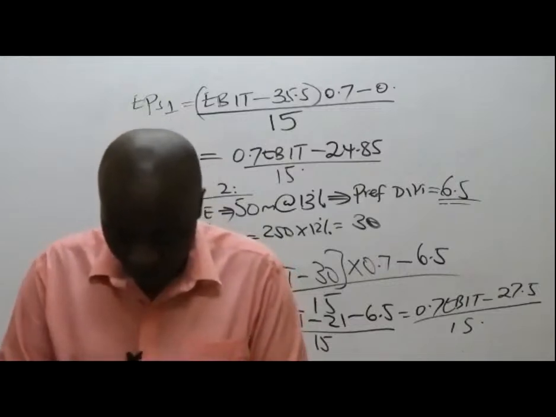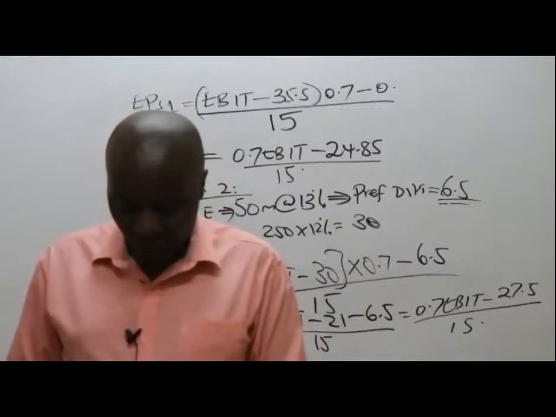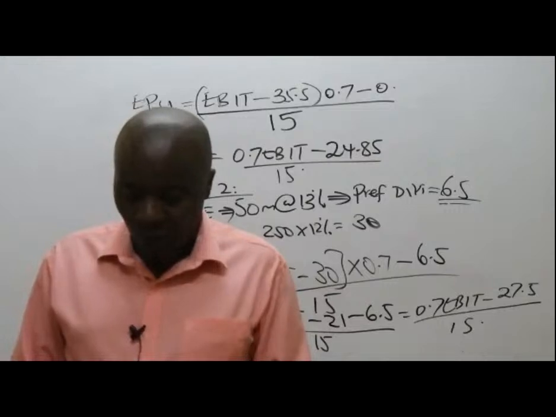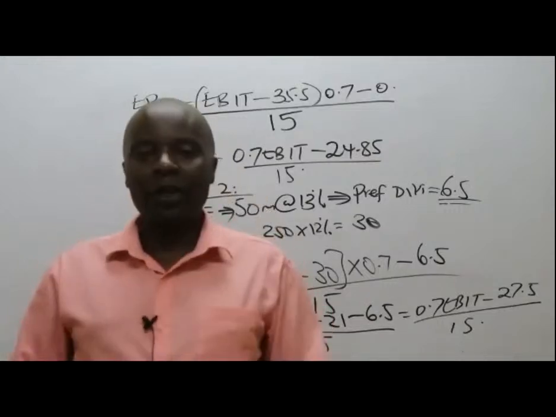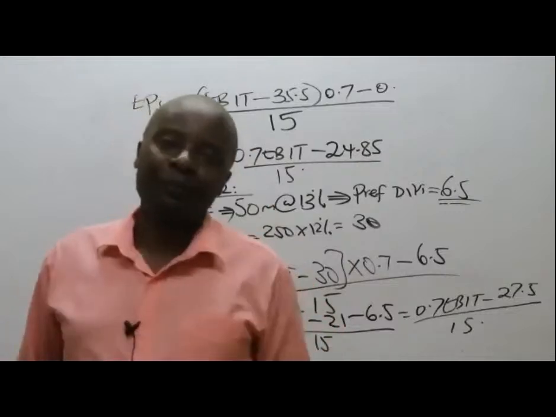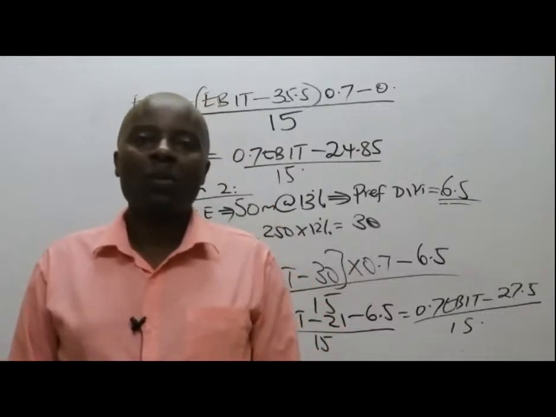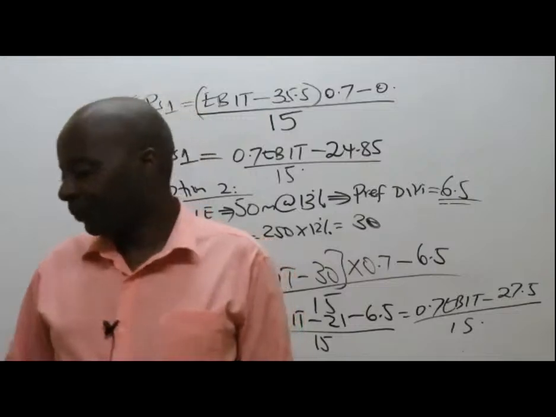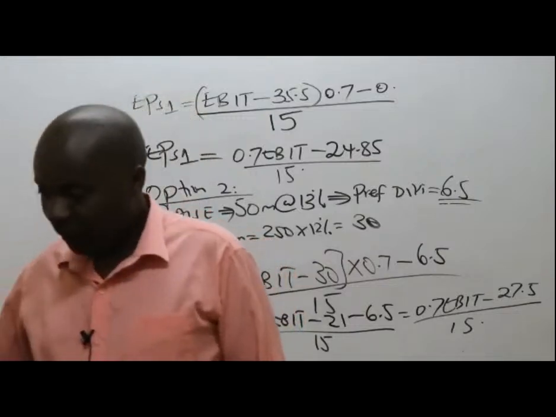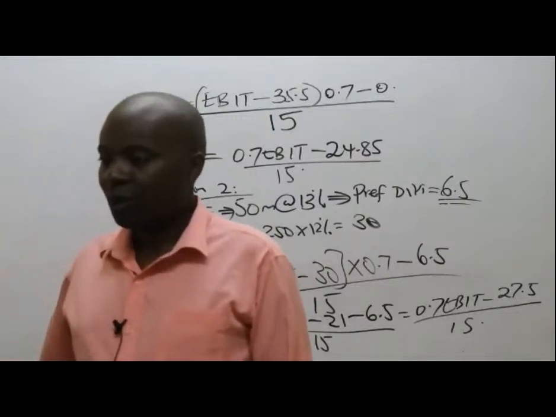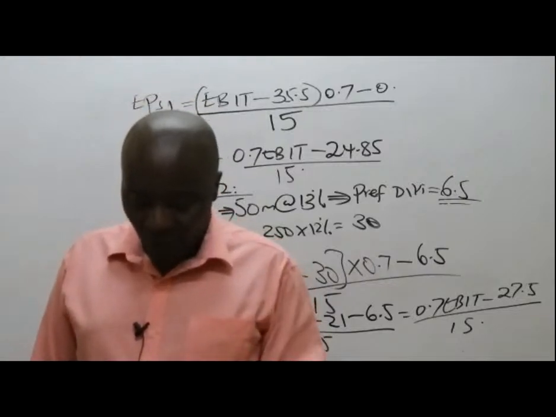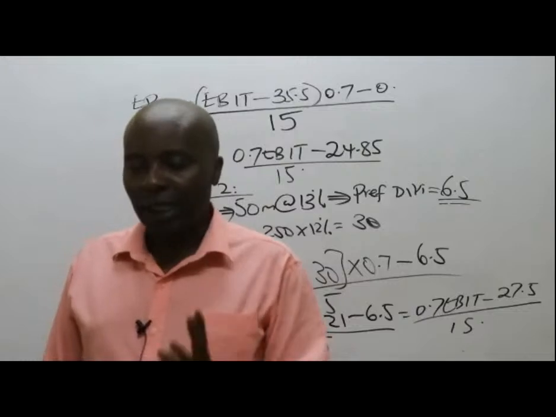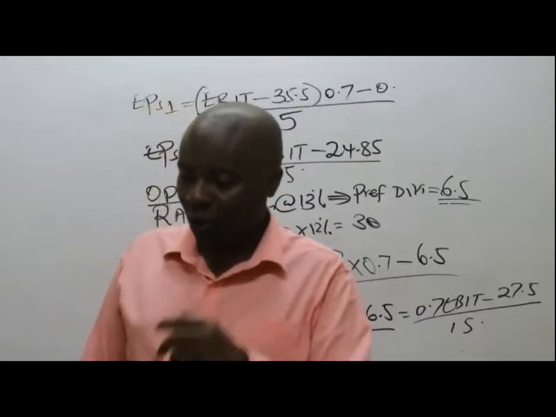So we are told option number 3 is to issue additional ordinary shares of shillings 10 par value. Please talk to me.